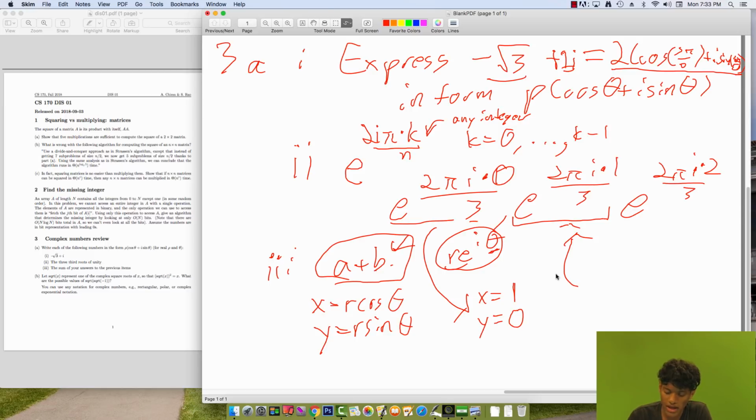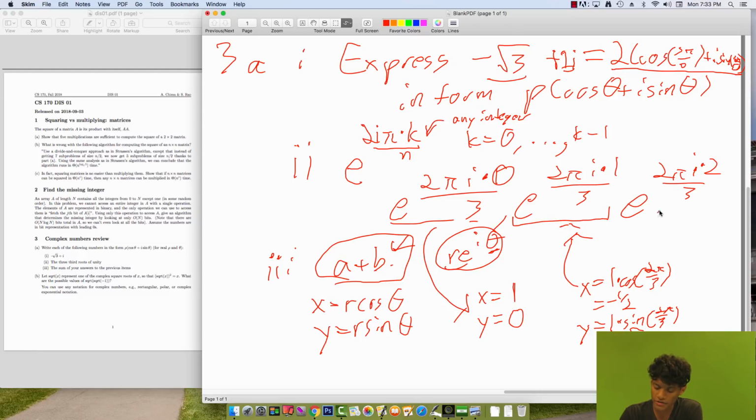Here, x is going to be equal to r times cosine of 2 pi over 3, which equals 1 times cosine of 2 pi over 3, which is equal to negative 1/2. And y equals 1 times sine of 2 pi over 3, which is equal to root 3 over 2.